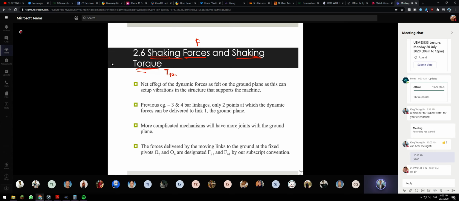So that's why the net effect of the dynamic forces felt on the ground plane, or link 1, can set up vibrations in the structures that support the machine. So in the previous 3-bar and 4-bar linkages, there are only 2 points at which the dynamic force can be delivered to link 1, which we call the ground plane, which are the O2 and the O4.